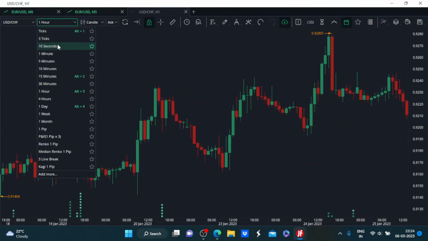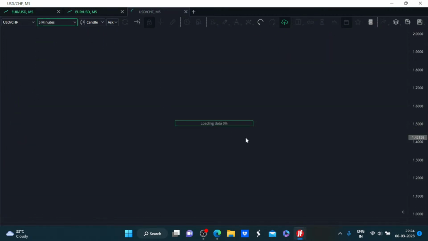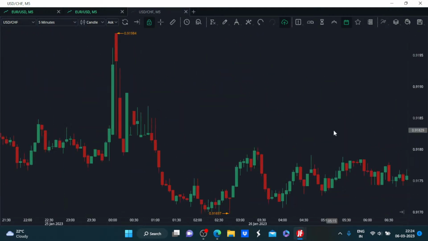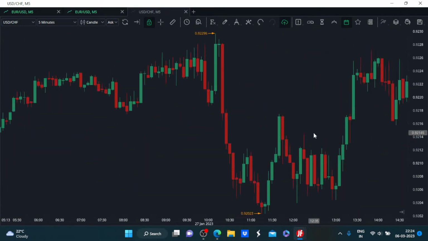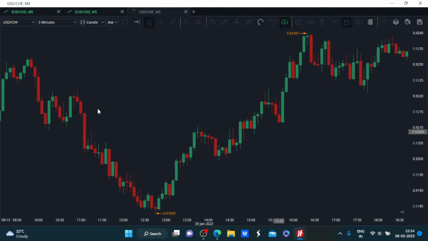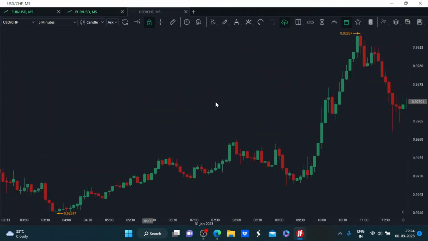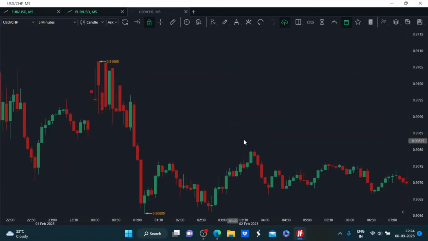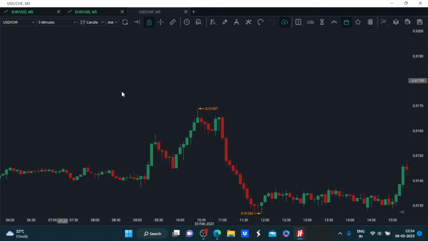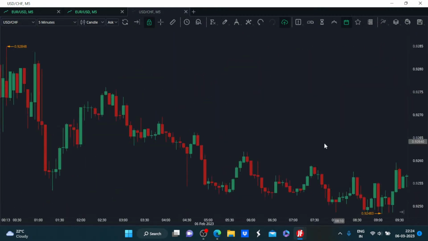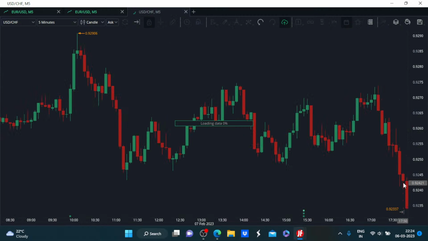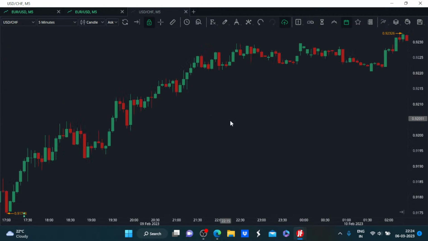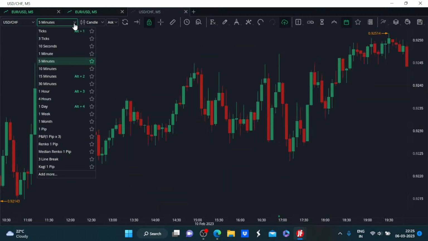USD, no such luck. Let's reduce its time frame to 5 minutes. Now, if we consider this price formation, here also we are unable to get it.